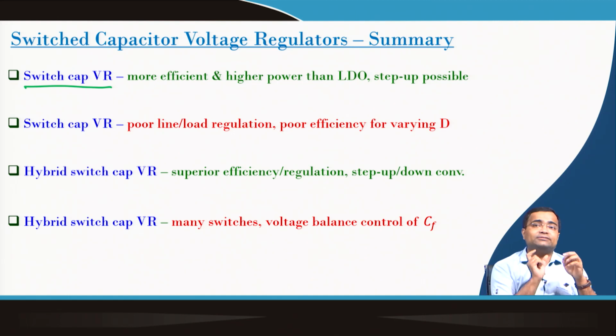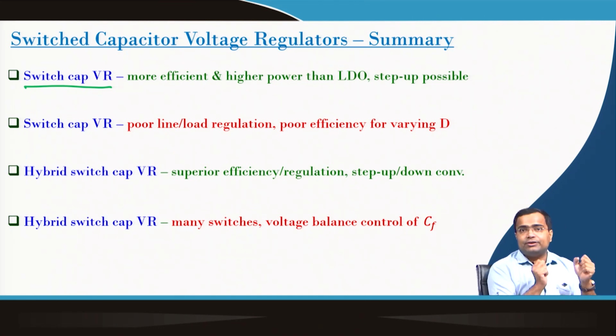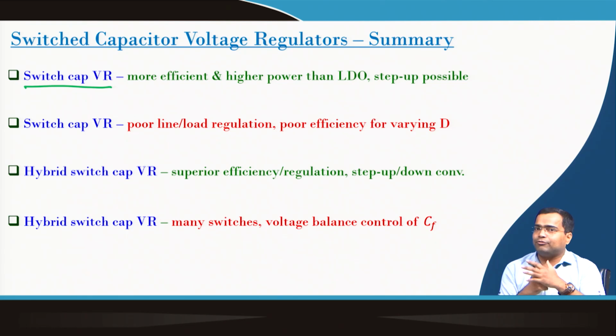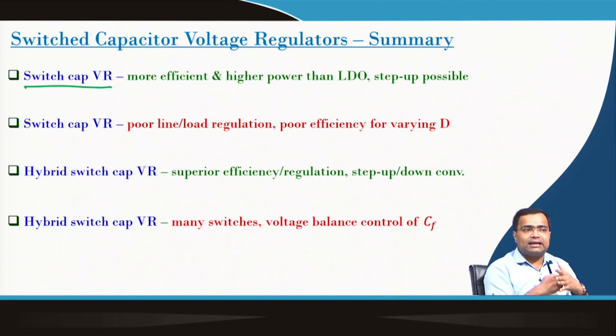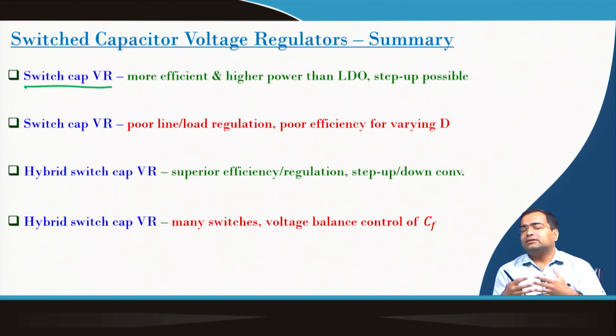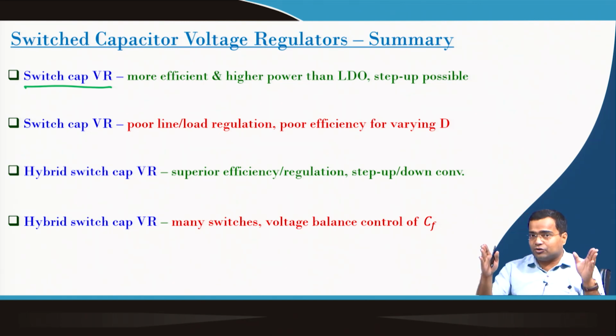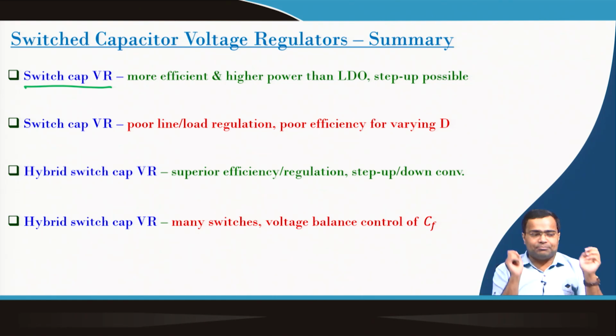If you do not regulate, that can lead to problems, because the switches are designed based on the voltage rating. If there is a significant deviation of the flying cap voltage, the switch can go beyond its voltage rating. So, we have to keep in mind that voltage balance and voltage control of the flying cap is also important.